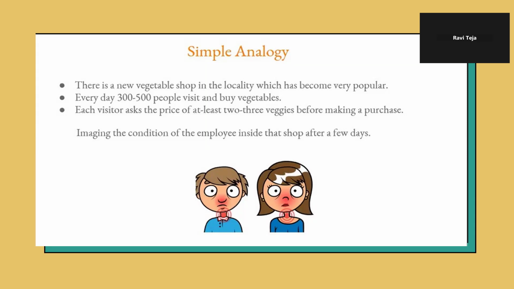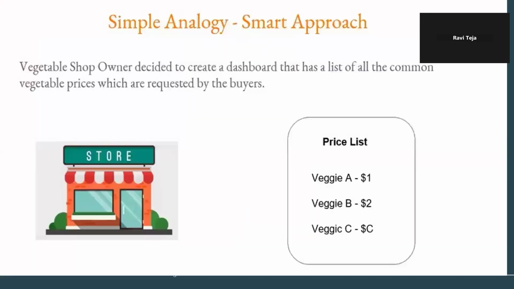Similarly, a database is also like that. After some days, the shopkeeper thought of one thing. He prepared a board with vegetable A, vegetable B, vegetable C, printed a notice and pasted it on the wall.